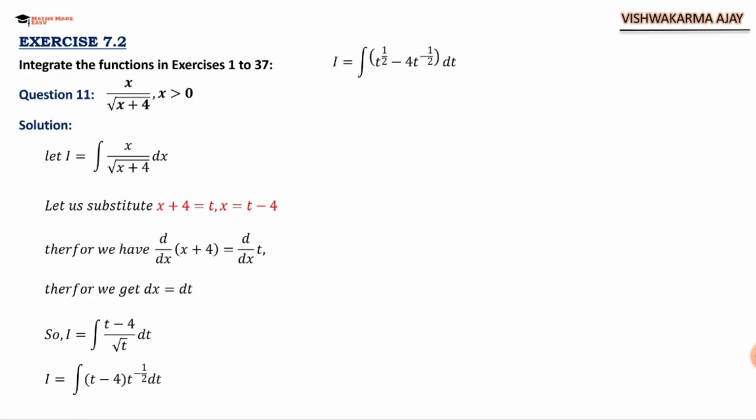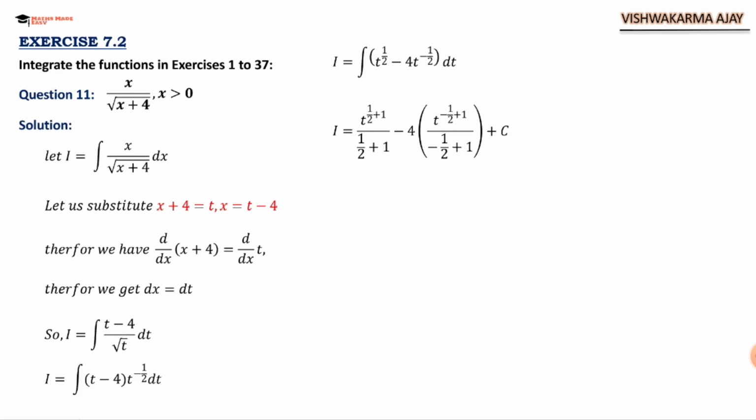So (t minus 4), t times t to the power minus 1 upon 2, that is t to the power 1 times t to the power minus 1 upon 2. By the law of indices this becomes t to the power 1 upon 2, and similarly with 4 there is nothing, so we can write t to the power minus 1 upon 2.